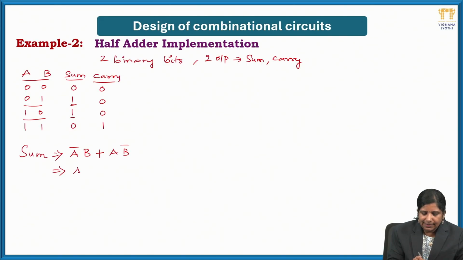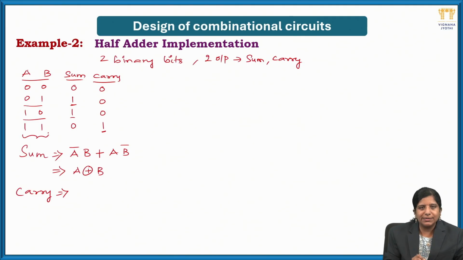It is nothing but A exclusive OR B. Similarly, for the carry, it is 1 for the input combination A=1, B=1. So it can be written directly as A into B. So we got the sum and the carry, 2 output expressions.